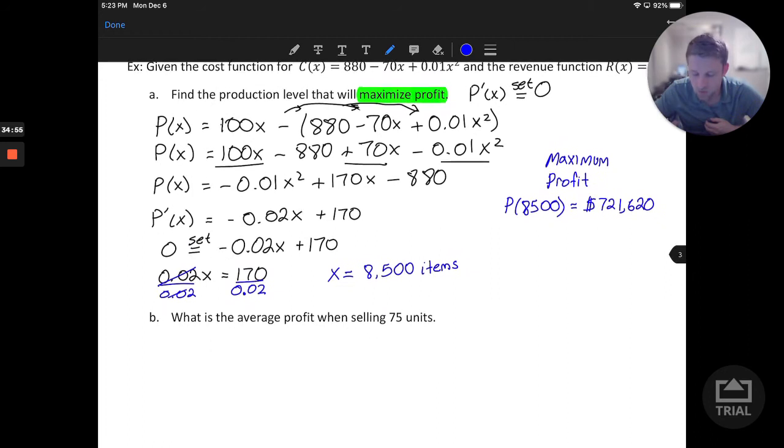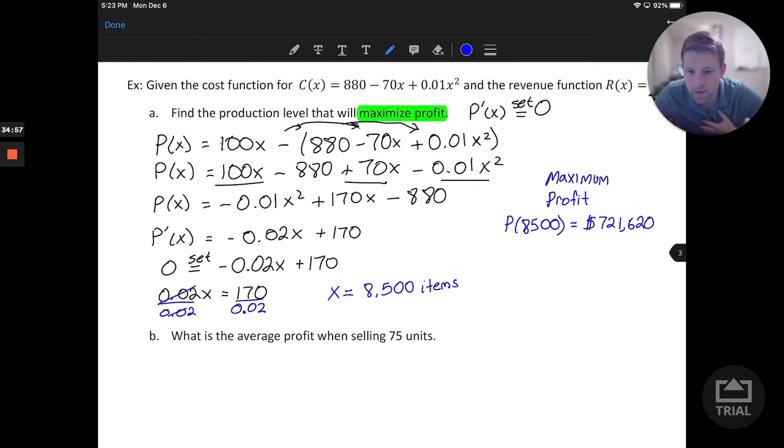Second question on this is asking, what about the average profit? So this is average profit when selling 75 units or 75 items. So if we want average profit, we could say that is similar to the cost average. We could say P bar of X again would be the profit, total profit, divided by the number of items.